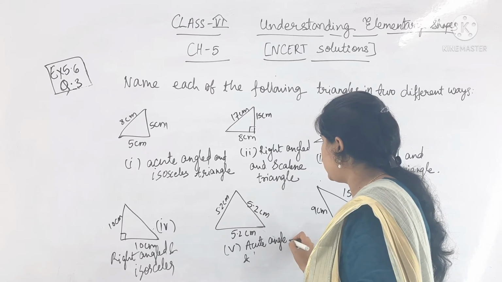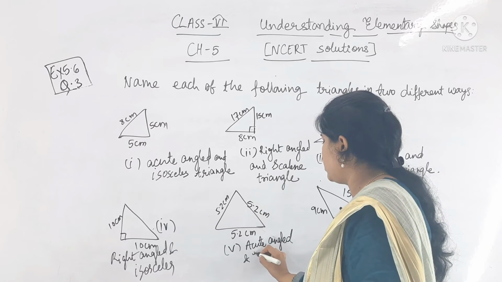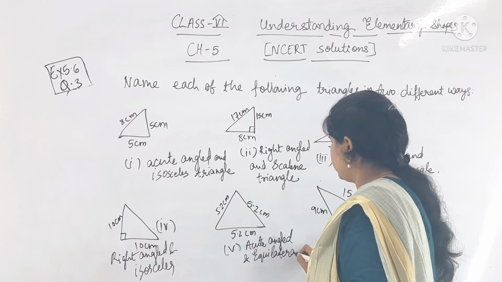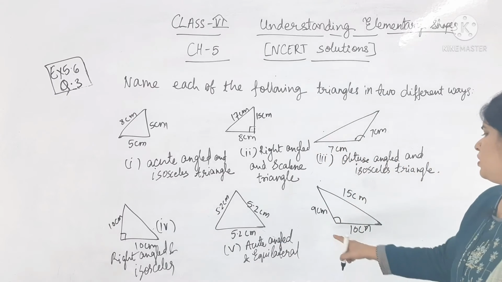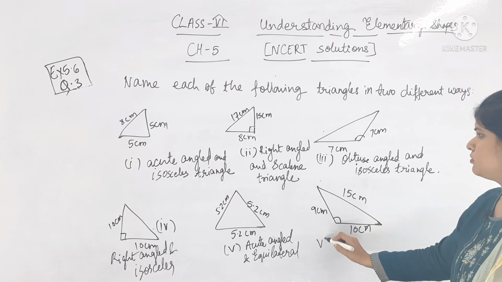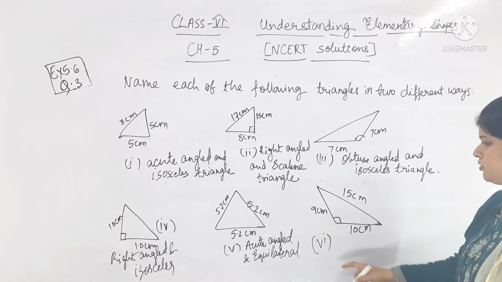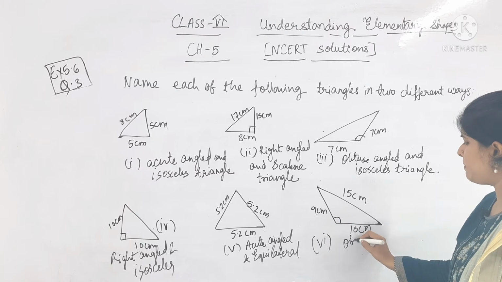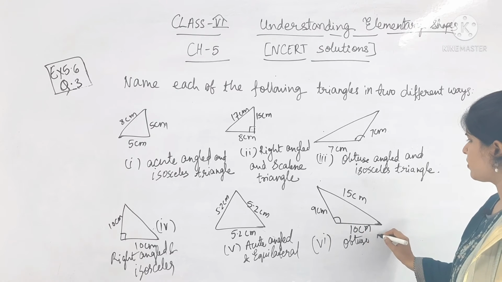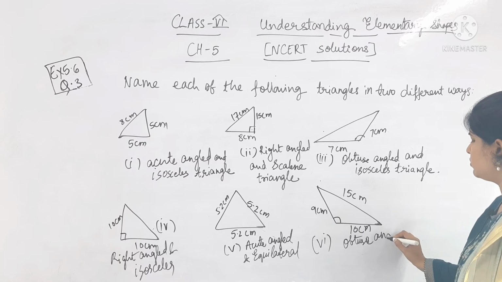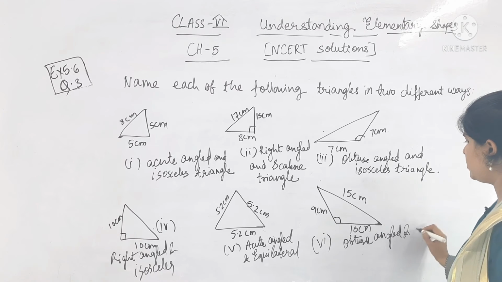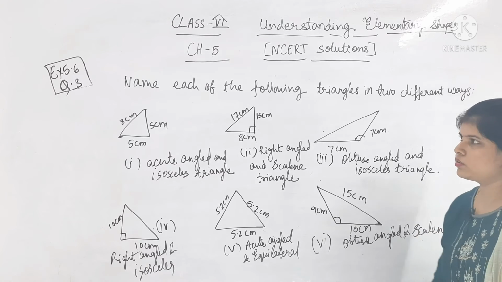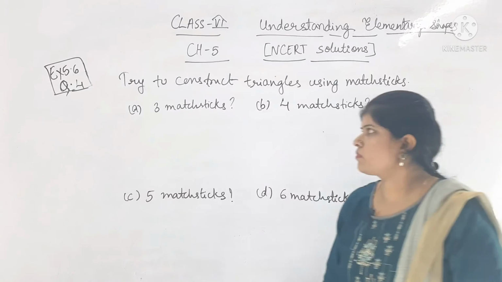So acute angle and equilateral triangle. This is the last one of question number 3, the sixth one. You can see here obtuse angle and scalene. So this is question number 3.